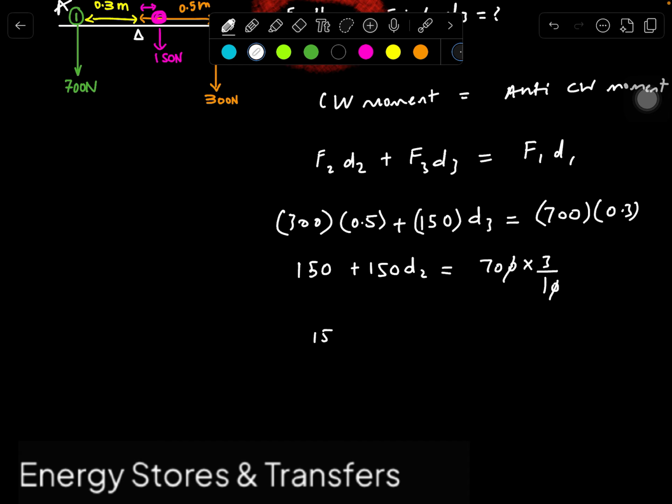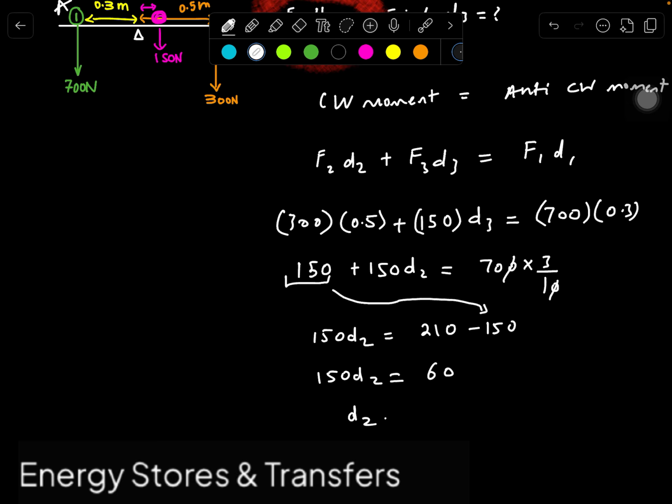So you have 150 D3 here equals 7 times 3 is 21, so that's 210. Take away 150. So I'm just bringing this 150 to that side and subtracting it. So that would be 150 D3 equals 210 take away 150, which is 60.